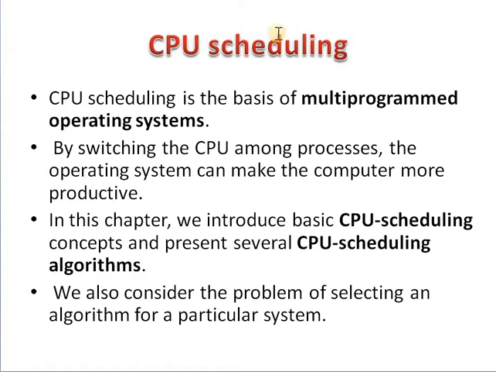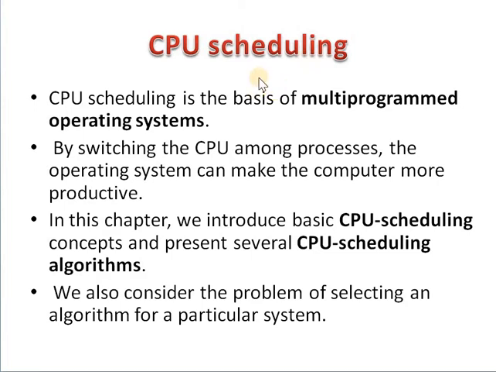The CPU scheduling, the term itself says that the scheduling is done in the CPU. The scheduling is done for the different processes that are executed in a CPU. That is CPU scheduling. And there are different algorithms that are used for scheduling these processes under the CPU.